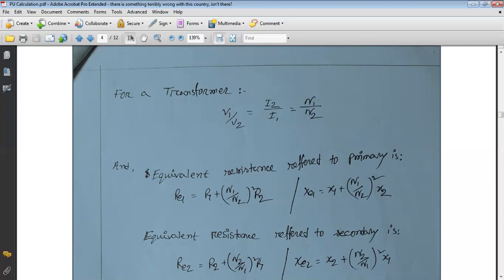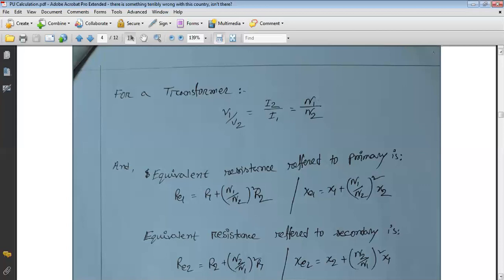So if the transformer ratio is not 1:1, then the base voltage of the primary side will not be the same as the base voltage of the secondary side. So we have to calculate the base voltage of the transformer secondary portion from the primary portion by using the equation V1 by V2 is equal to E1 by E2.